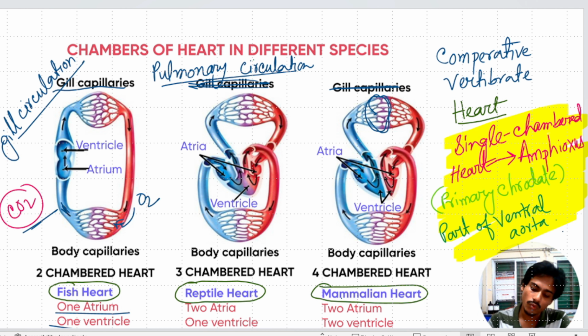Okay, now the advanced three chambered heart. Let's talk about some of the alligators and crocodiles. You can see that a partial septum is there, not a complete septum, and that is also three chambered, but this is found in some alligators and crocodiles.